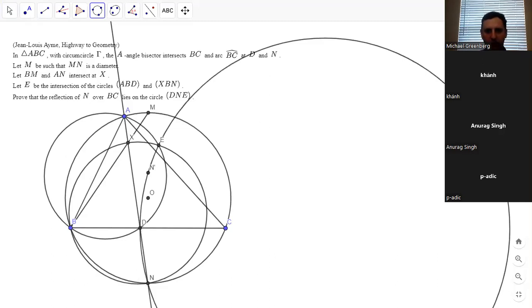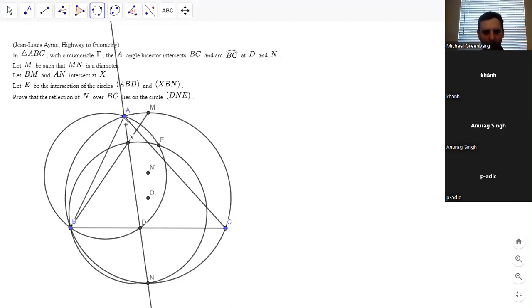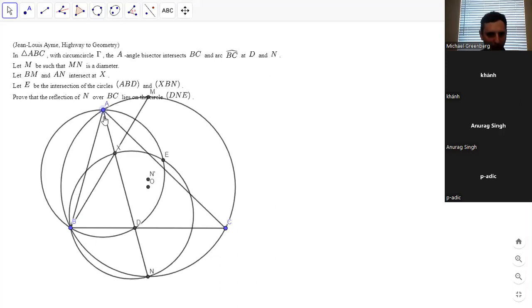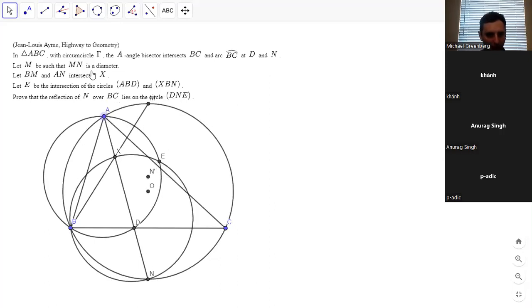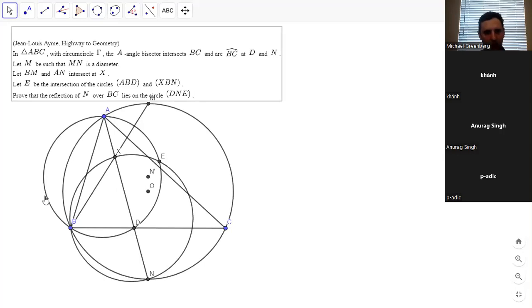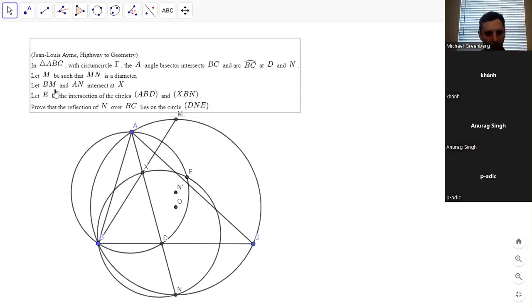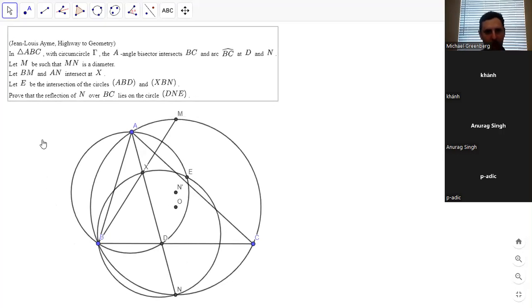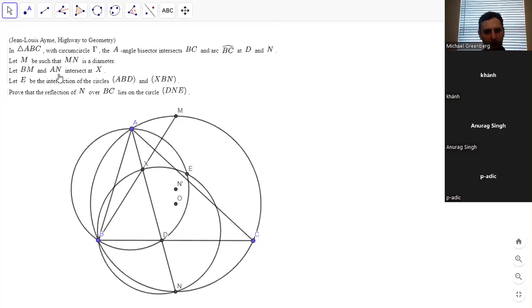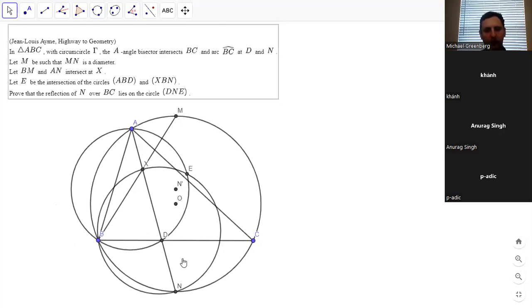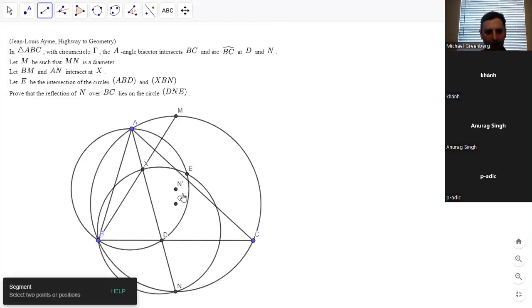Yes. So I'm going to change the diagram just a little bit. Let me make this a little more slanted. There we go. So DN prime N is isosceles, right?